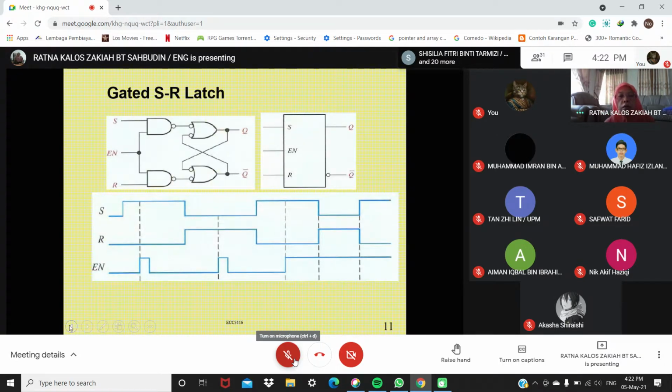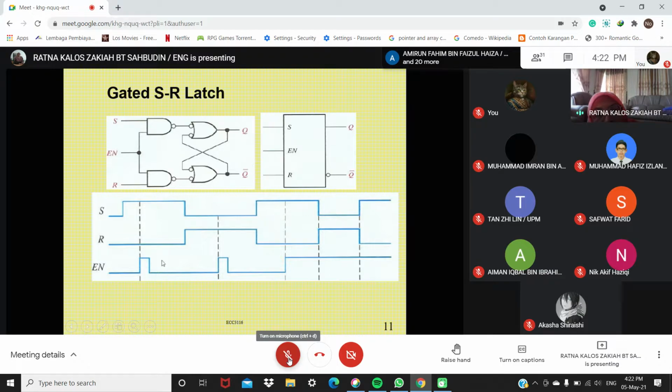Can you draw the output Q? Here, this is where the enable is. Remember, enable must be high for the latch to respond.